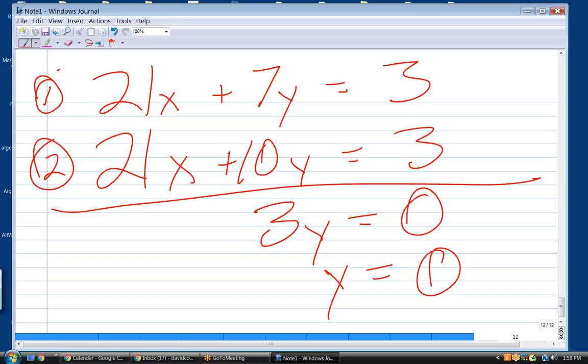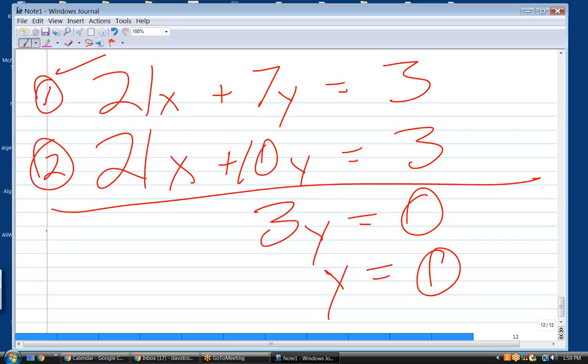Let's substitute into equation 1. Substitute 0 for y and rewrite the equation.